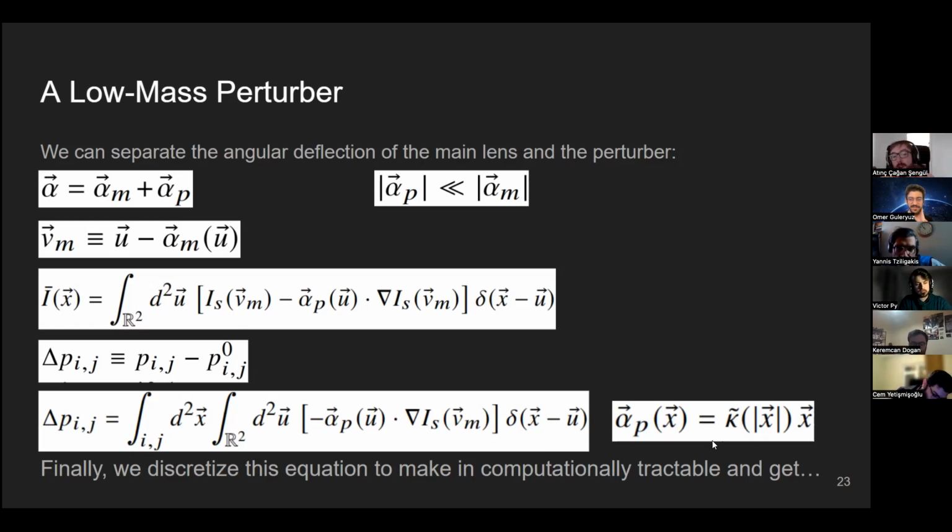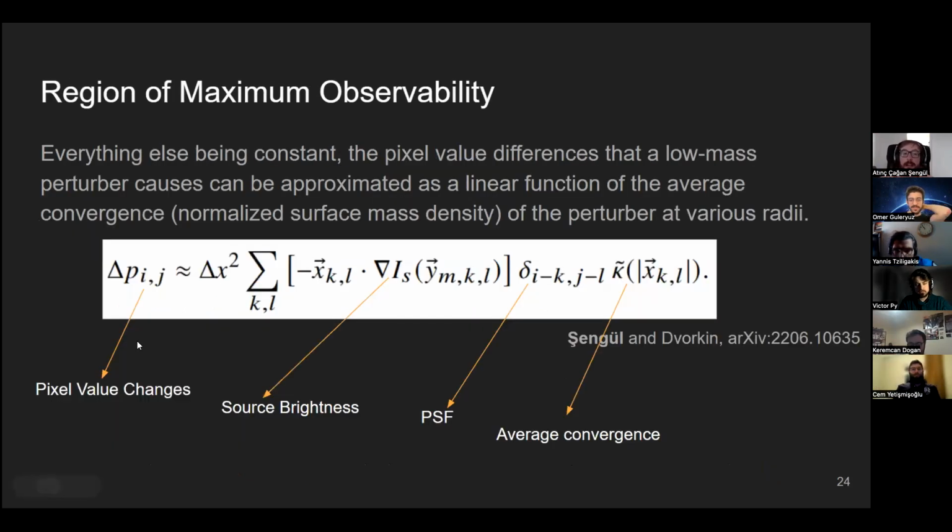And when you do that, and also discretize the equation for computability purposes, you get an equation that looks like this. You have these pixel value changes, which are our observable. You have the source surface brightness, and you have the point spread function. And you also have the average convergence of the perturber, which is the density profile of the perturber at different locations. And the important thing is this is a linear map. It maps the density profile of the perturber at various radii to the pixel value changes, which is our observable.